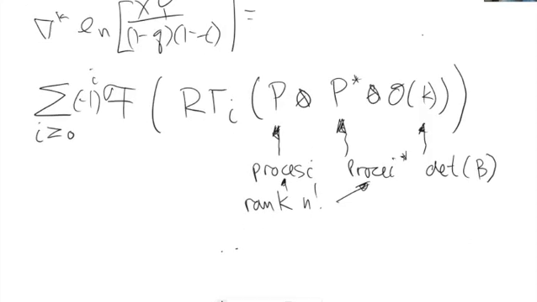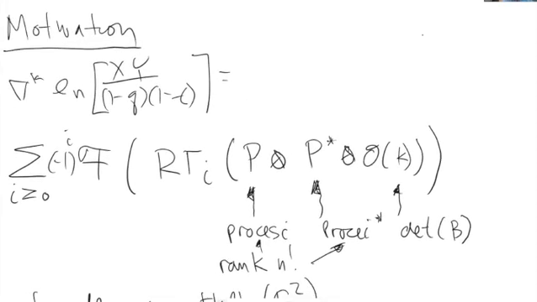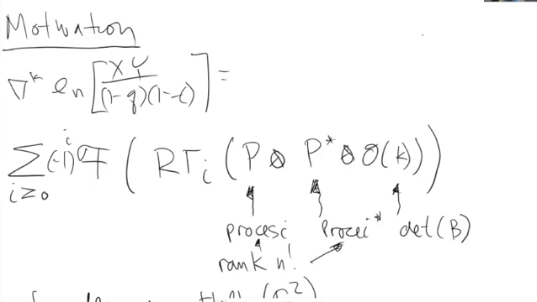So every one of these is a bundle, and I won't have to say Hilbert scheme in a second. I'll give you something more explicit, but these are all bundles on the Hilbert scheme of n points on C2. The idea is, in the same way as in that paper, you can calculate this expression using a T-Abat localization.